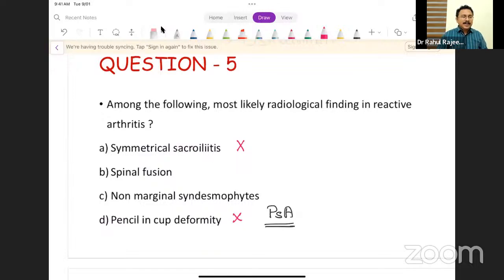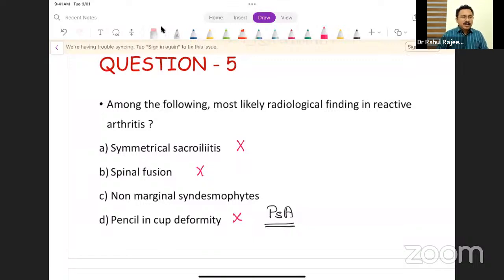So I'm eliminating that option as well. Next is spinal fusion. Well, spinal fusion can rarely happen with reactive arthritis, but is much less likely compared to ankylosing spondylitis. The spondylitis can happen in reactive arthritis, but the spinal fusion is less likely.